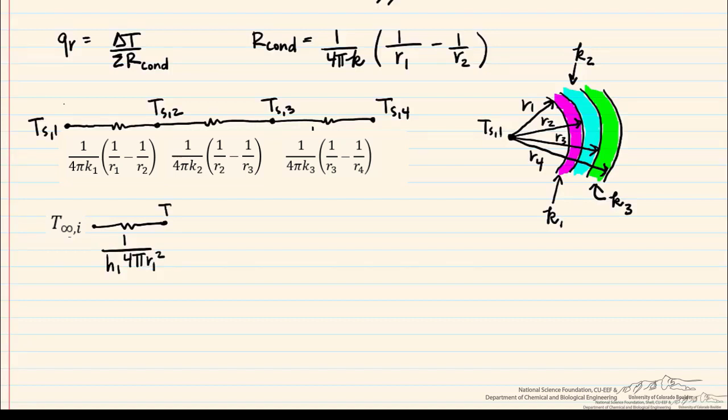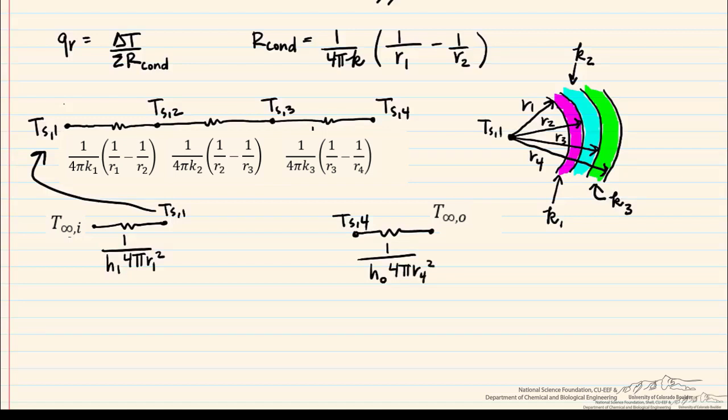And then we go to T_s1, continue the circuit all the way down to the end until we get to T_s4. And now we add to that our convective resistance for the outside, which is 1 over h outside, the convective heat transfer coefficient, times 4 pi r4 squared. And then we have our bulk temperature.